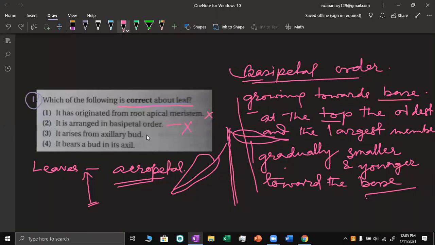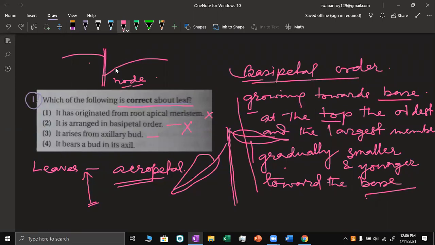It arises from the axillary bud. Axillary bud, you know that the leaves, from where do they come out? They come out from the node, is it? On the branch or on the stem, from where the leaves come out, that part is known as node.